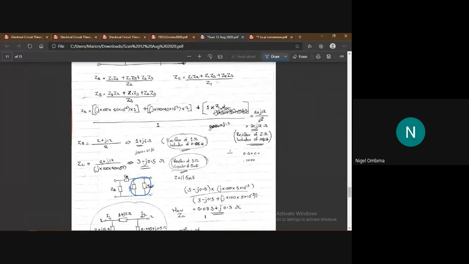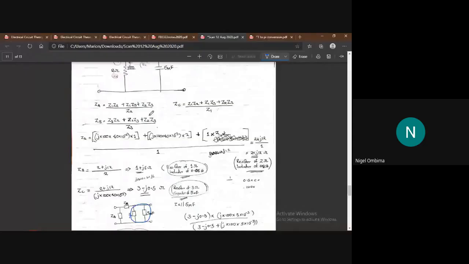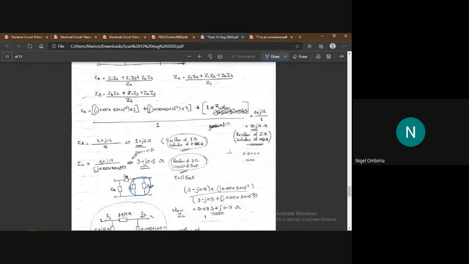So this is your value for ZA. We have a ZA now, where we can convert it into a pi network. ZB, the same thing, because the numerators are the same, which is 2 plus j12, sorry, ohms. ZB is equal to this. I got that. ZC, I just did the same process. I got that.